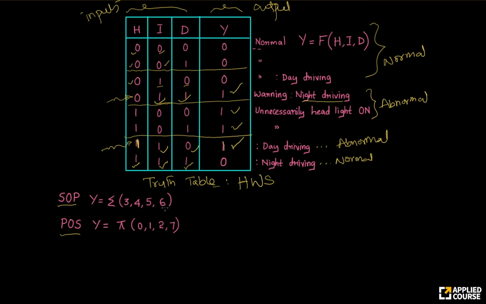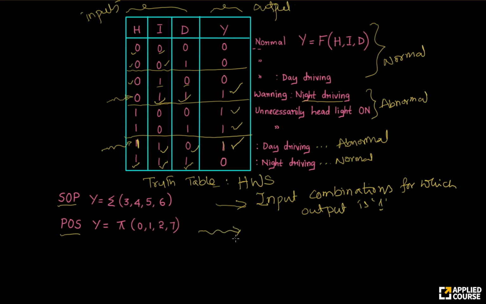You consider the input combinations for which output is 1, or you consider the input combinations for which output is 0.